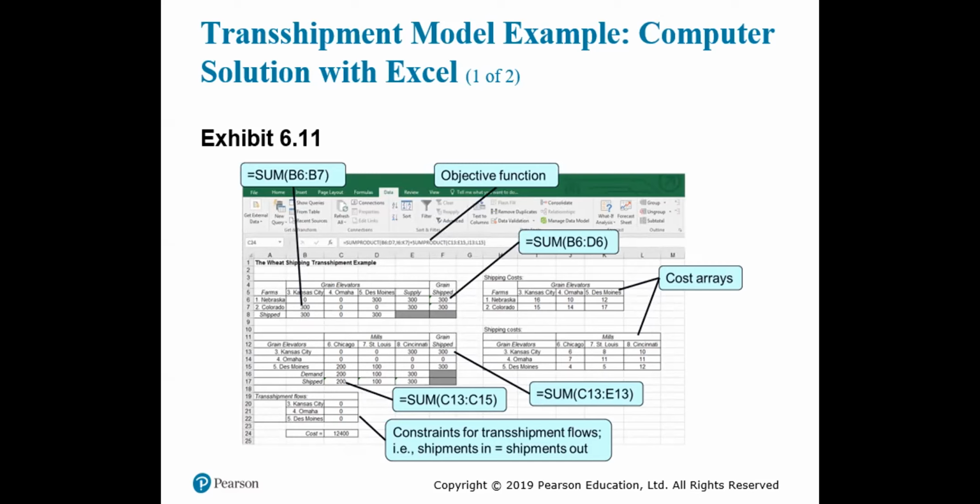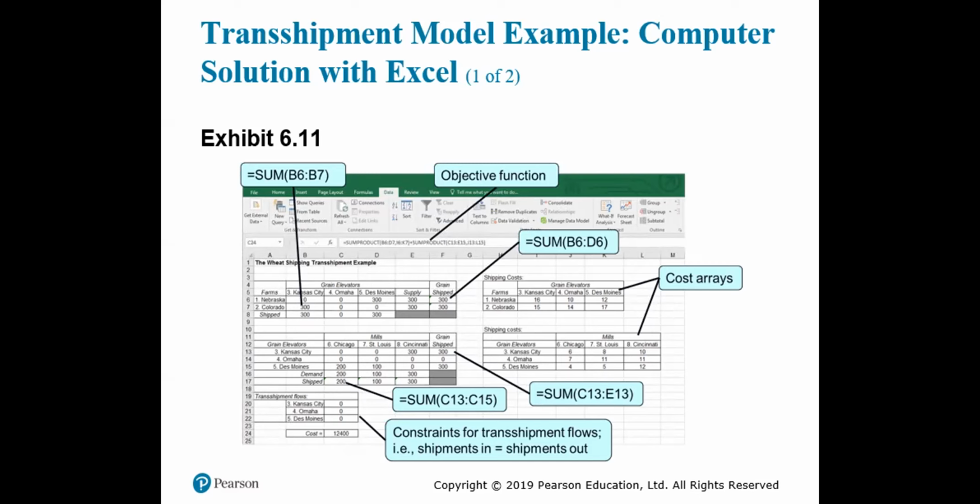Okay. But what is worthy of note here is for us to get the constraints. First, we have the supply constraints from the farm to the elevators, which is this. We are saying that the sum of what is here should be equal to the grain shipped, which must be equal to the supply.